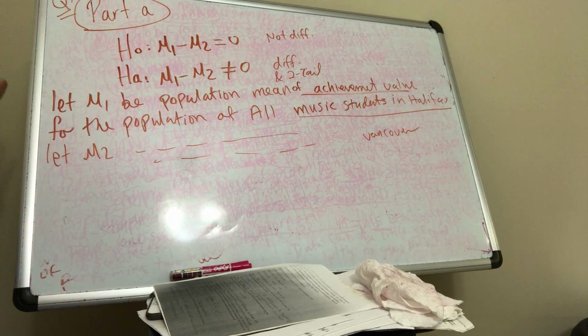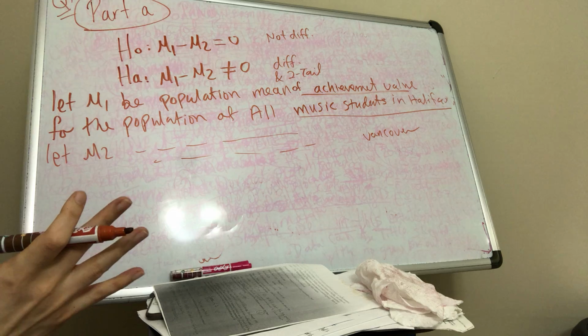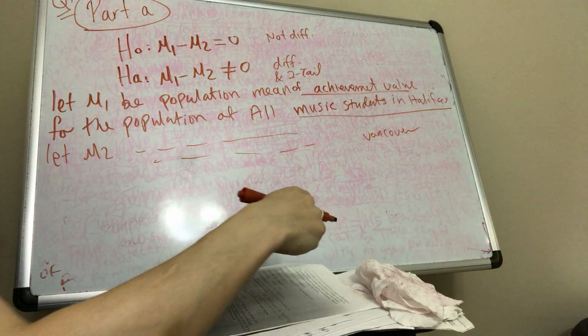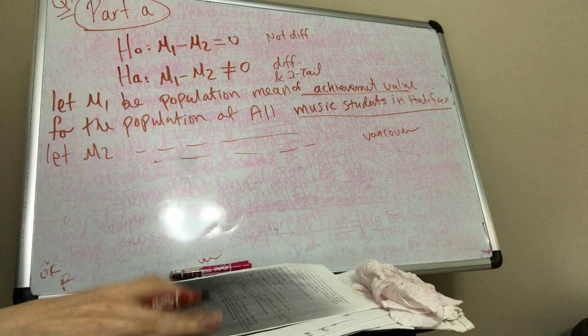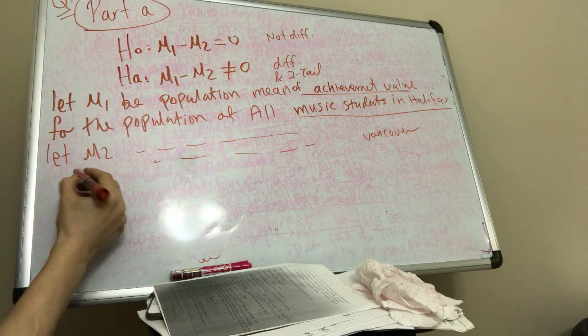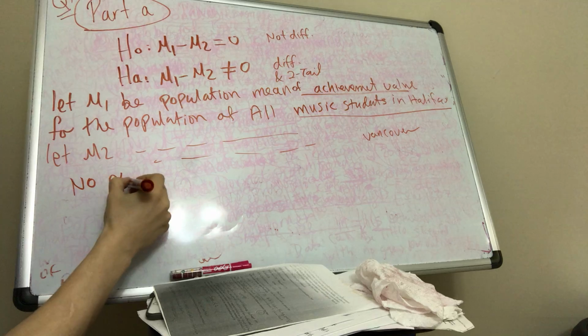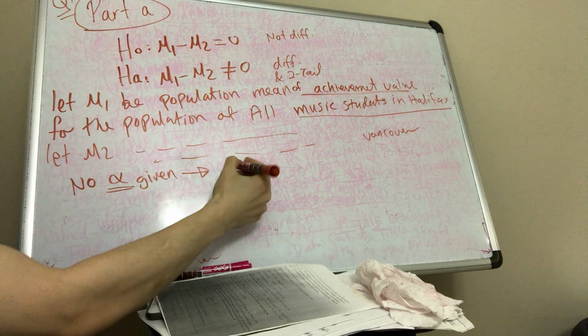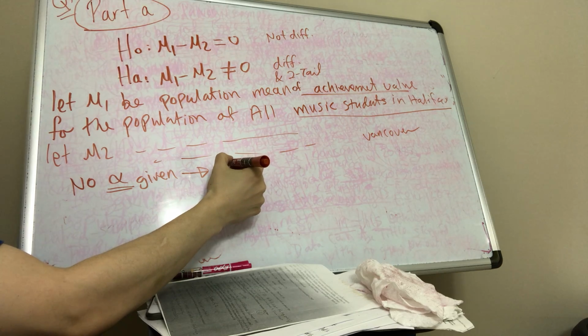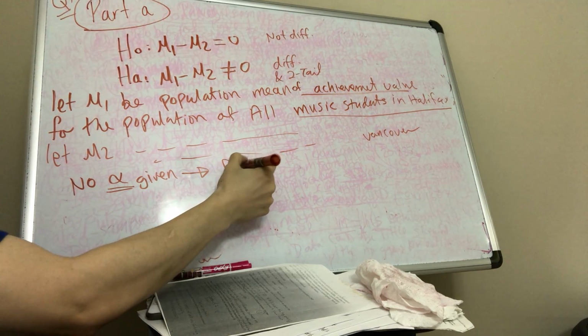So we state the hypothesis. Now we look at the p-value. If you read the question, there was no alpha given. So to do the p-value, since no alpha is given, we can only do it based on the strengths of evidence.